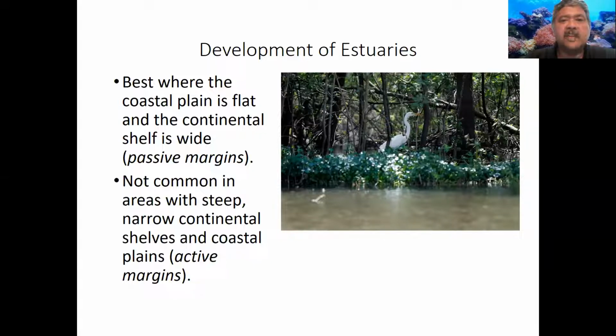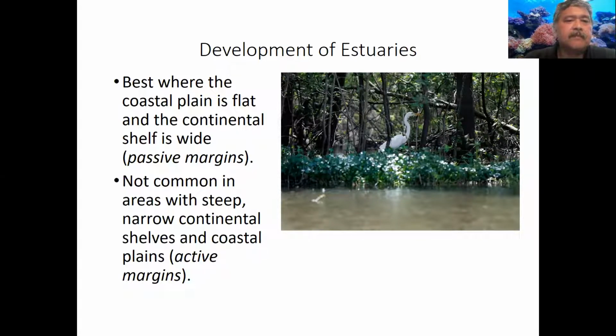Where would you see an estuary that has a wide shelf? More like Louisiana, you have a continental shelf that goes out into the ocean, and so it's flat and shallow for quite some time, off of both the Gulf side and the Atlantic side of the southern part of Florida, same kind of thing.